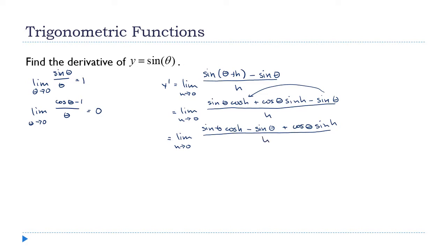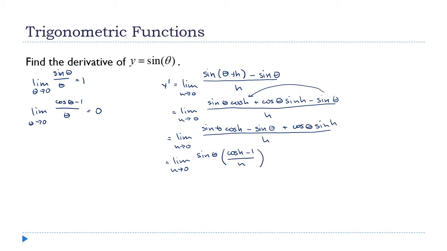Okay, now I'm going to split this up, right? I'm going to make this the limit as h approaches 0, and I'm going to factor out the sine theta. Let's bring out that sine theta times cosine h minus 1 over h.